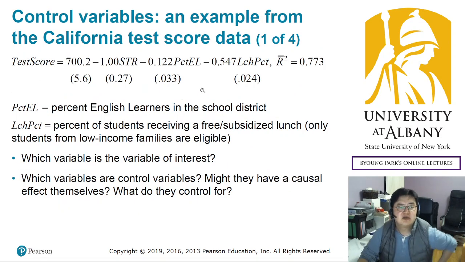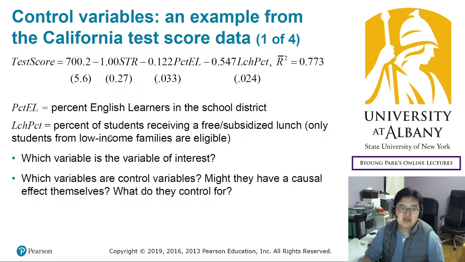And let's think about an even more expanded regression model. Test score, as usual, is regressed on an intercept, student to teacher ratio and percentage of English learners, and we additionally include lunch program percentage. This is the percentage of students who receive free or subsidized lunch. Usually, low income students get a free or subsidized lunch, so this percentage captures the percentage of students from poor families.